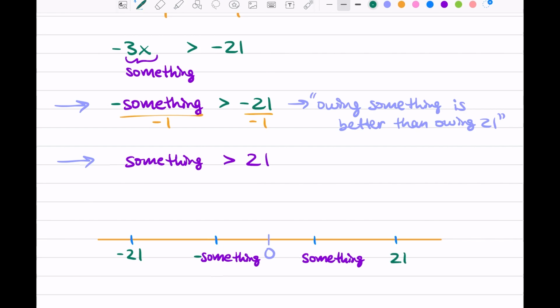So when you think about it, this negative 1 flips it over the 0. And now we're comparing two positive numbers. And so we have to flip the inequality sign. Because now something is less than 21. So that's an important concept that we need to keep in mind.